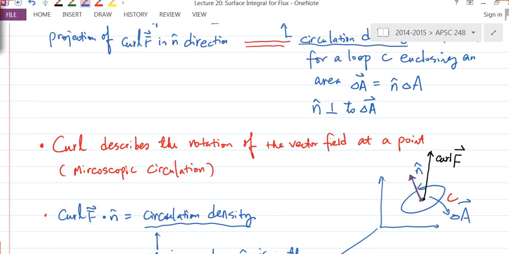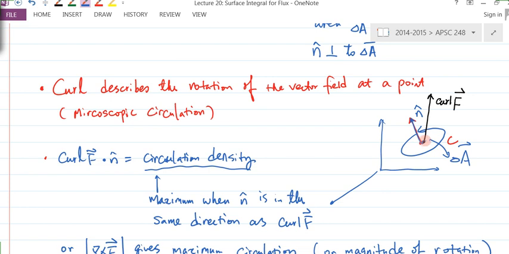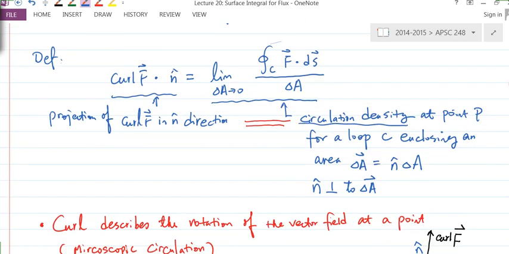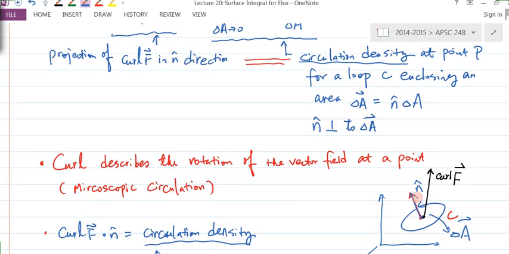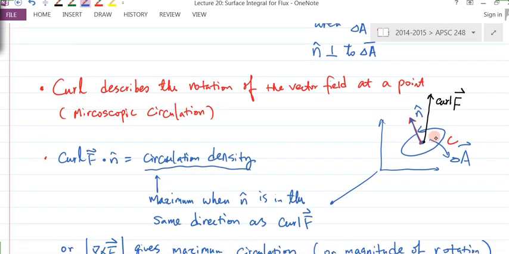If this is n hat and this is curl F, then curl F dot n hat, the projection of this in the n hat direction, gives you the circulation density. So apparently, the circulation density will be maximum if n hat is in the same direction as curl F. Does that make sense? Those are purely based on the definition.